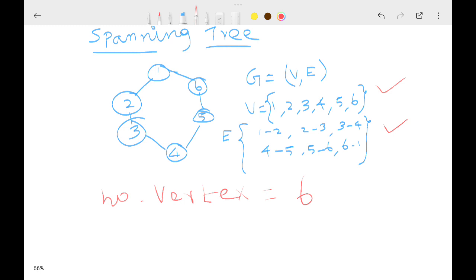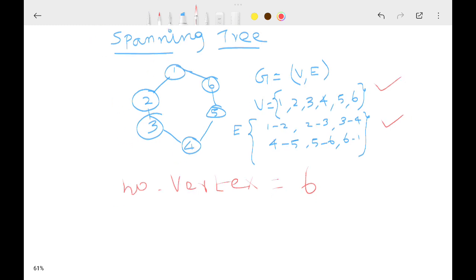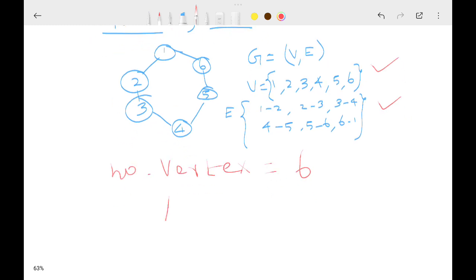From the properties of a tree, if a tree contains n number of vertices or nodes, then the number of edges in the tree should be n minus 1. That is the property of any tree.